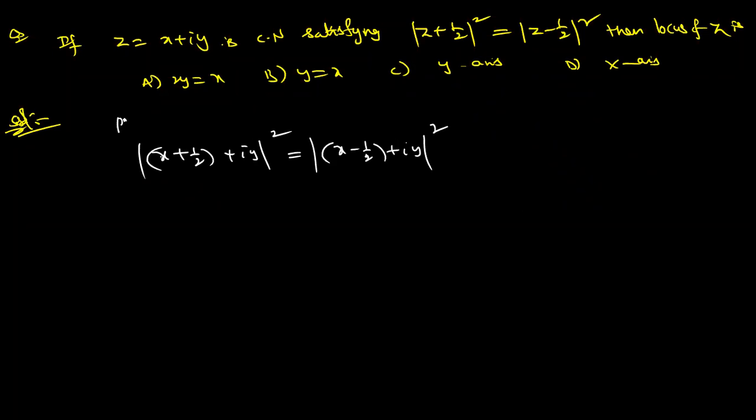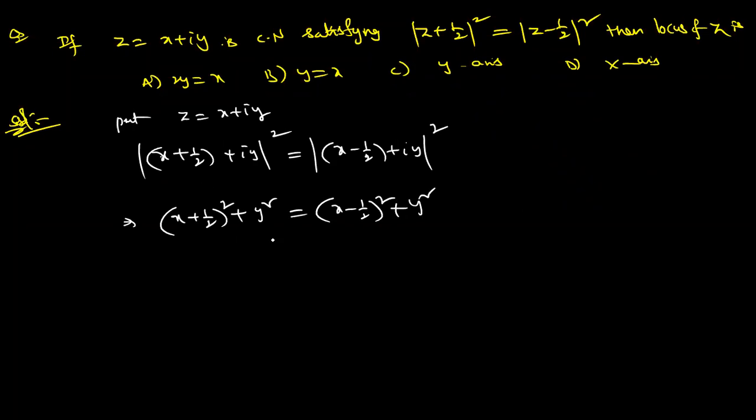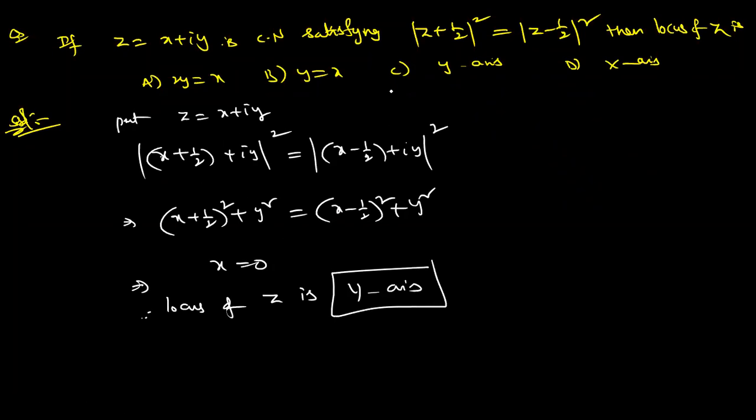Put z is equal to x plus iy. What is the result? The square root is already there. So x plus 1 by 2 whole square plus y square is equal to x minus 1 by 2 whole square plus y square. Y square cancels. What is the remaining? X is equal to 0 is coming, C. Therefore, the locus of z is the y axis, coming C. Pawan? Option is C.